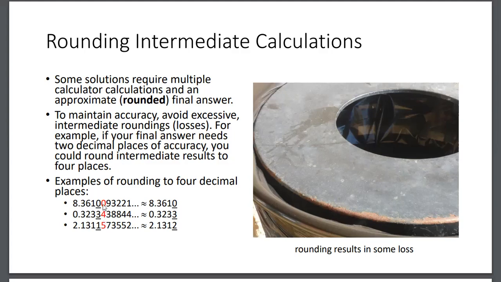If the number immediately to the right in the 5th position is less than 5, you don't change the number before it. So the 0 remains a 0 here because we have a 0. The 3 remains a 3 because we have a 4. If the number to the right is 5 or greater, then you're going to round up. So this 1 becomes a 2. Standard rounding conventions.